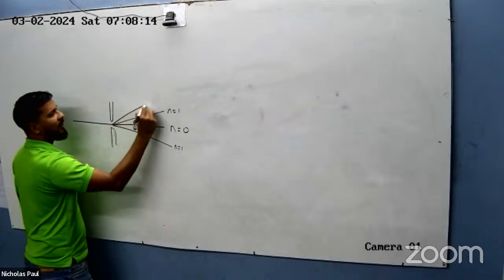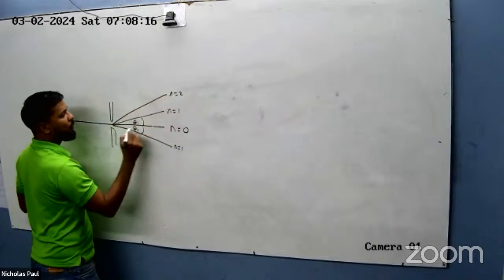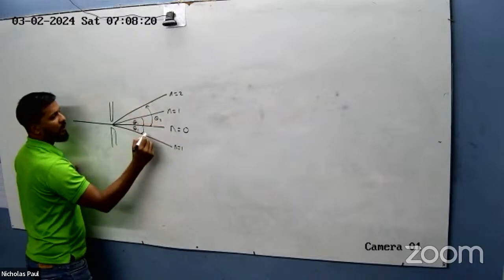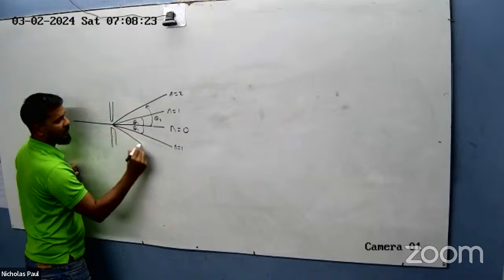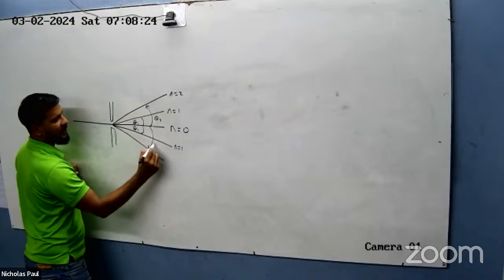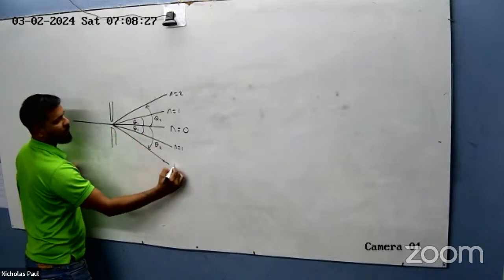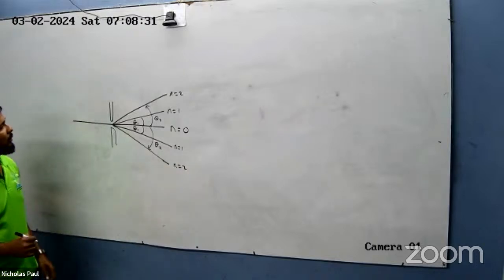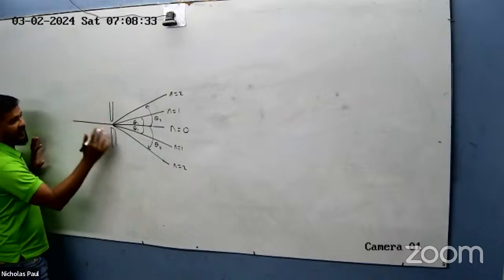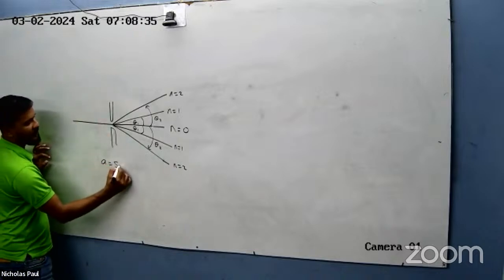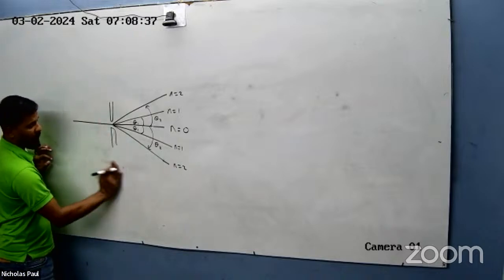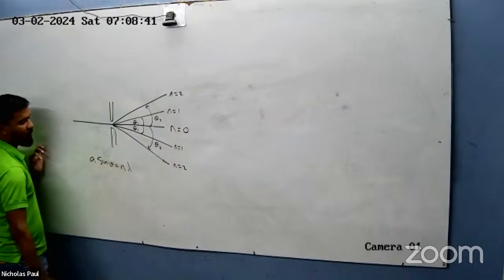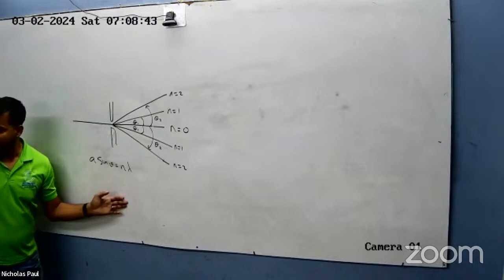Then you have n equal to 2. This angle from here to here is theta 2. This angle from here to here is your theta 2. All right? And everything here is a sine theta equal to n lambda. Right. We know what each term is, right?